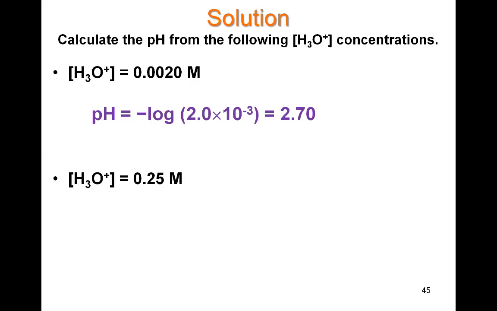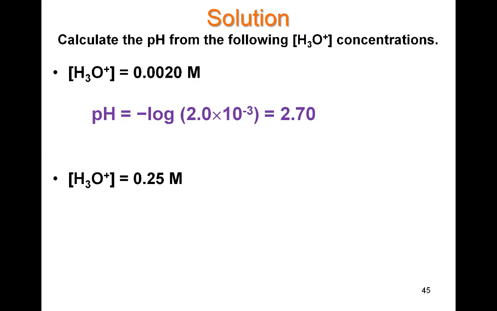So that means you need to round up. And when you round up 69, it becomes 70. Here, make sure you write the 0 after the 7, because you need 2 decimal places. By the way, pH has no unit. I didn't say that earlier, but there's no unit for pH.